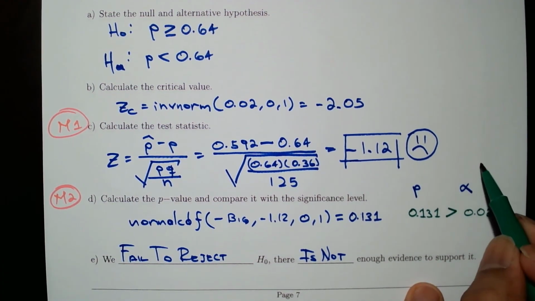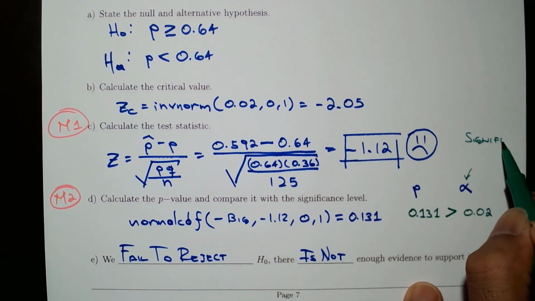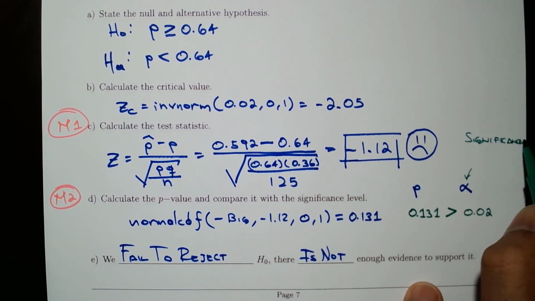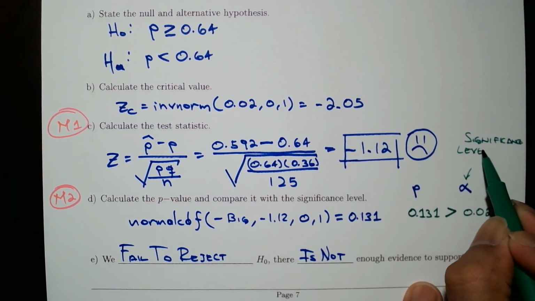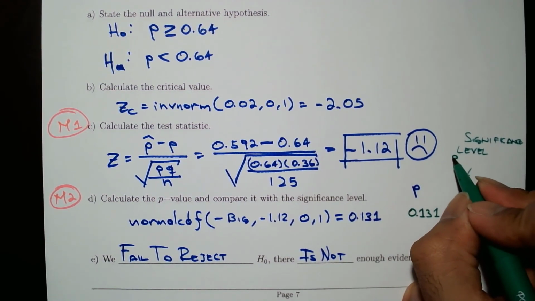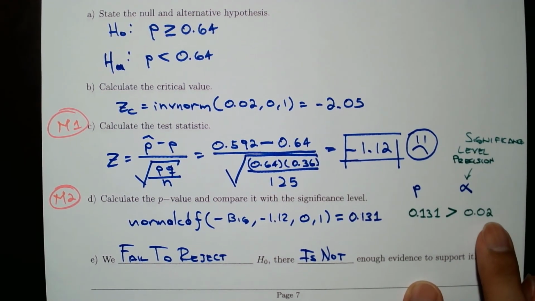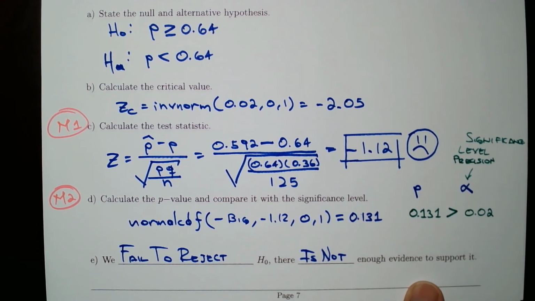Significance level is another way to say precision. The smaller the alpha, the finer the precision, the finer our experiment will be.